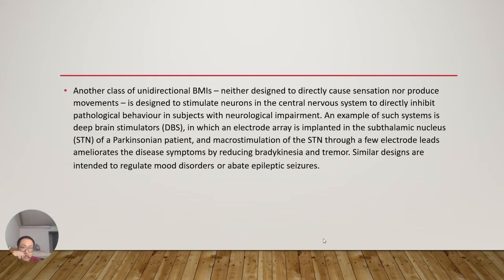An example of such systems is deep brain stimulators, in which an electrode array is implanted in the subthalamic nucleus of the Parkinsonian patient, and macro stimulation of the STN through a few electrodes ameliorates the disease's symptoms by reducing rigidity and tremor. Similar designs are intended to regulate mood disorders or abate epileptic seizures.